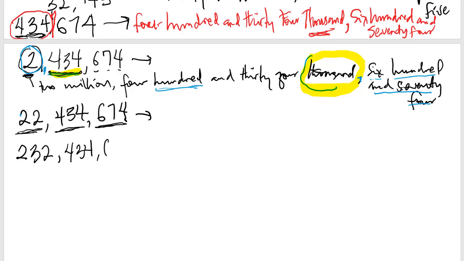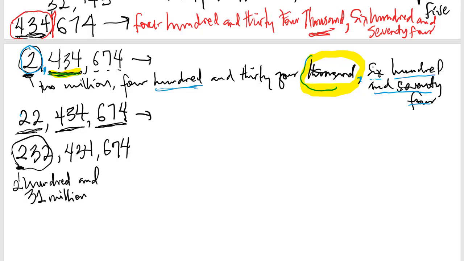So this will be read as 2 100, remember 100, 200 and 32 million, because we are in the million region. Okay, we're in the million region, so you say million. So this is 232 million.